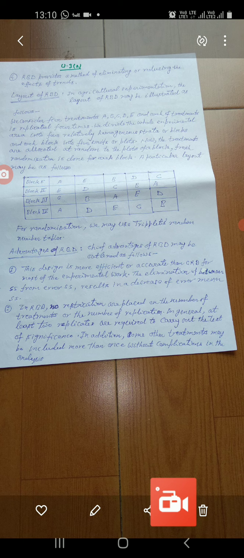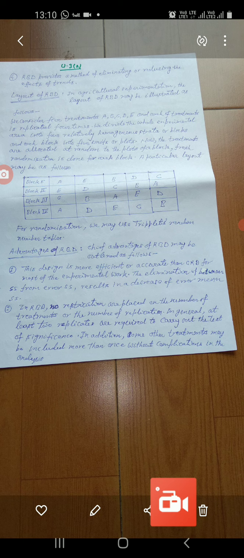So we divide the whole experimental area into 4 relatively homogeneous strata or blocks, and each block into 5 units or plots. That means there will be 4 blocks, and each block will have 5 units or plots.